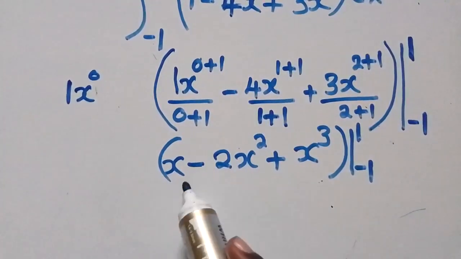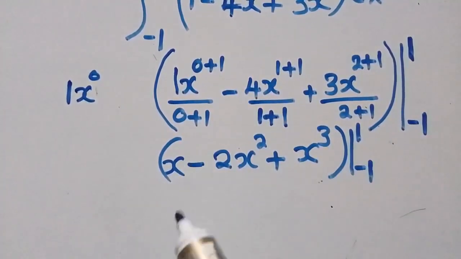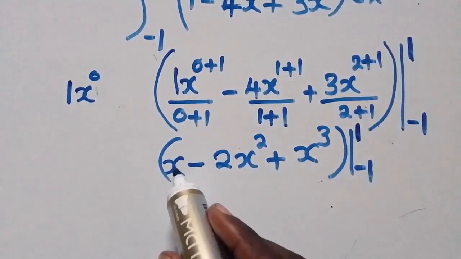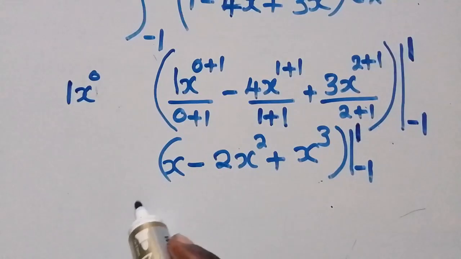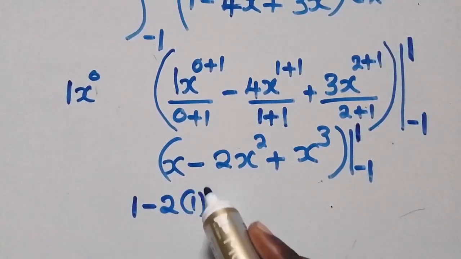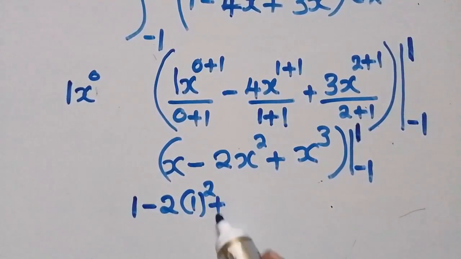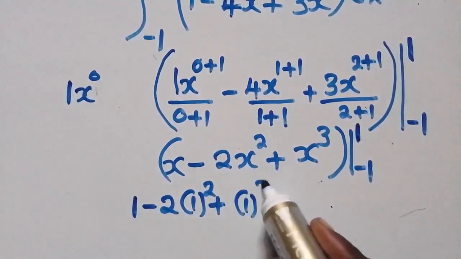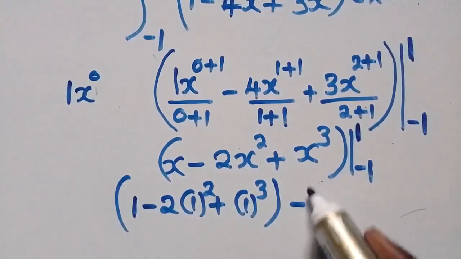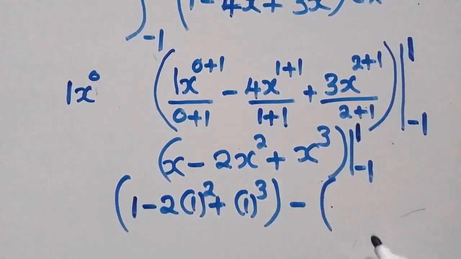We start by putting a 1 here. You say where there is x, put a 1. So it's 1 minus 2 multiplied by 1 squared plus 1 cubed. Then you say minus. This is part of the formula. Where there is x, put negative 1.